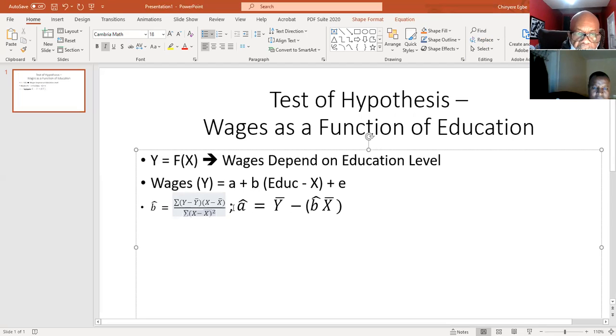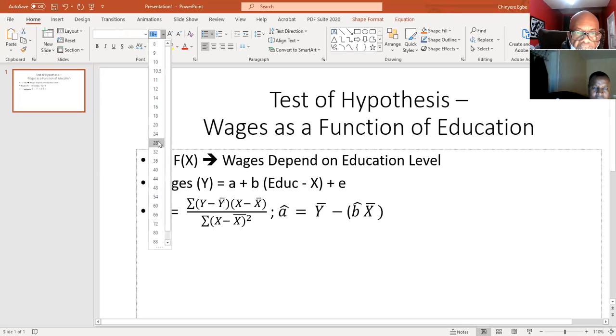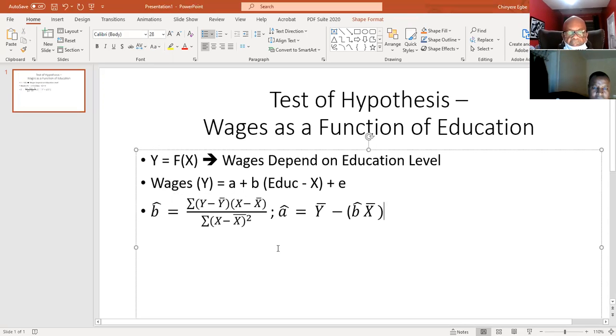So if your education goes up by 1 year, how much would your wages go up? Okay, so this is the basic formula. We estimate A using A hat, and we estimate B using B hat. So how do we go about that?